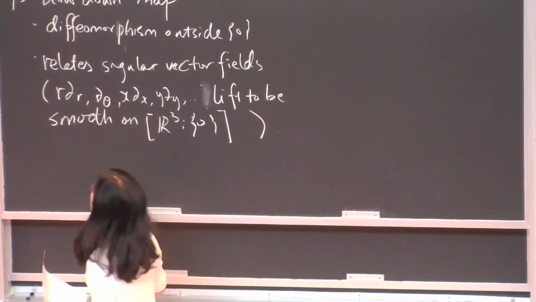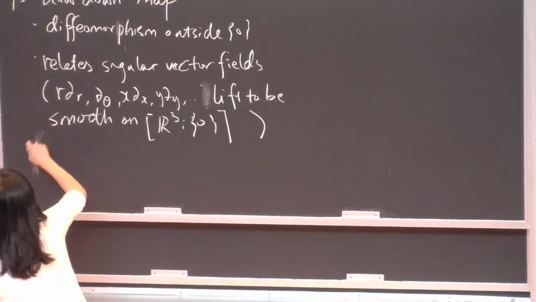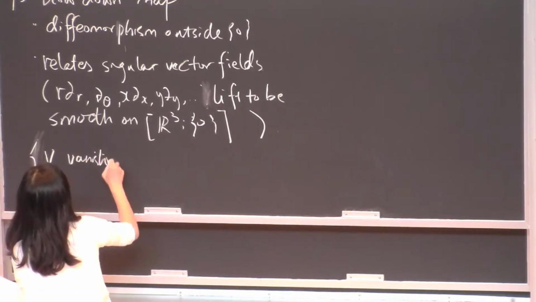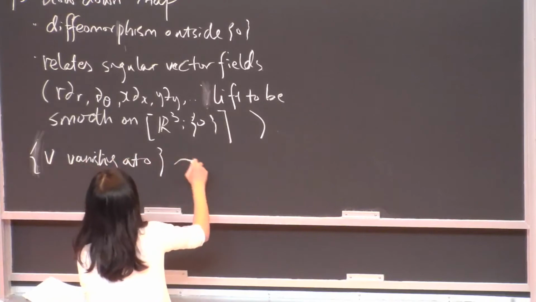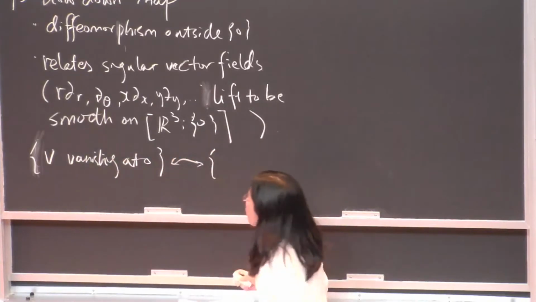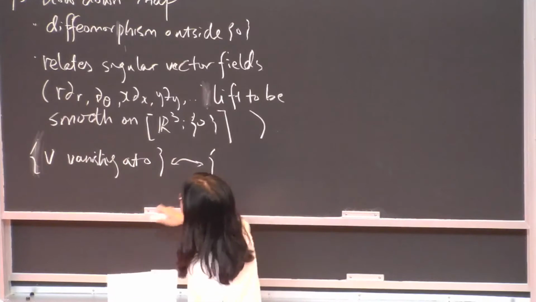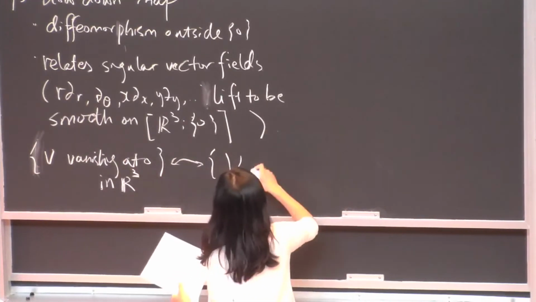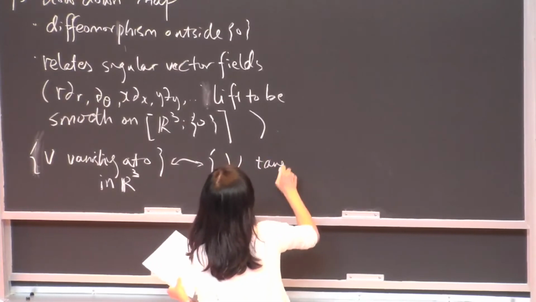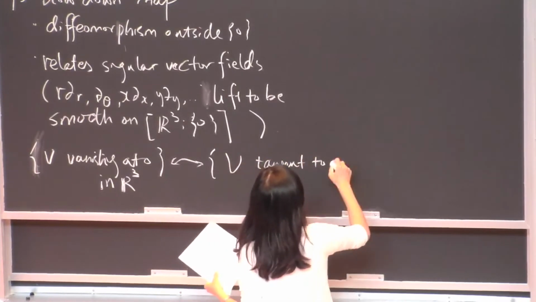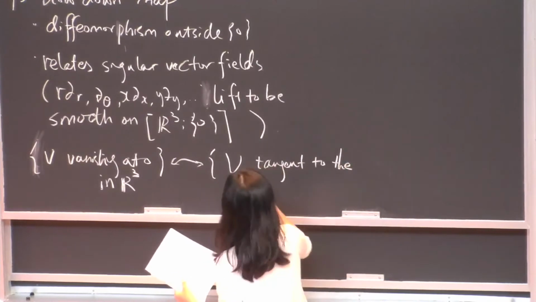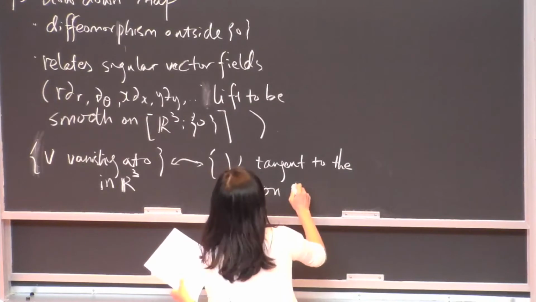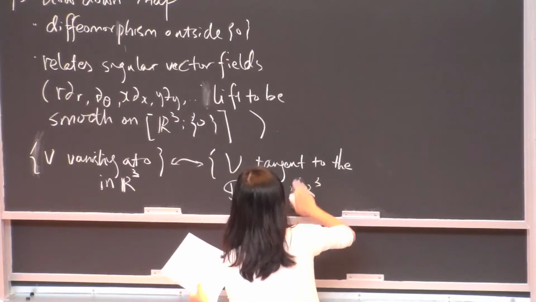And in fact, there is a one-to-one correspondence between all those vector fields that are vanishing at 0 and vector fields on this new space that are tangent to, let me just write, S2 on this new space.